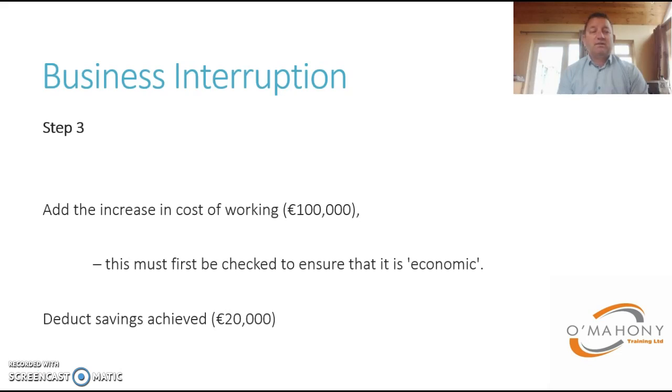So insurers want that for every euro expended or spent in increased cost of working, that it will save at least the same amount in respect of the overall claim. The other area here is savings have been achieved. So savings could be the likes of maybe somebody has left employment, so there's less wages spent, or hire of equipment might not have been as dear as expected. So because there's a savings, we need to take this off the claim amount.